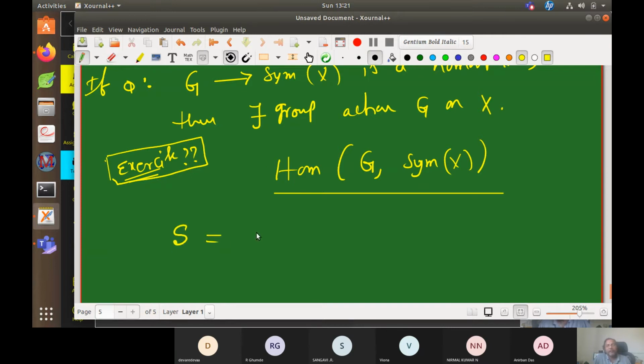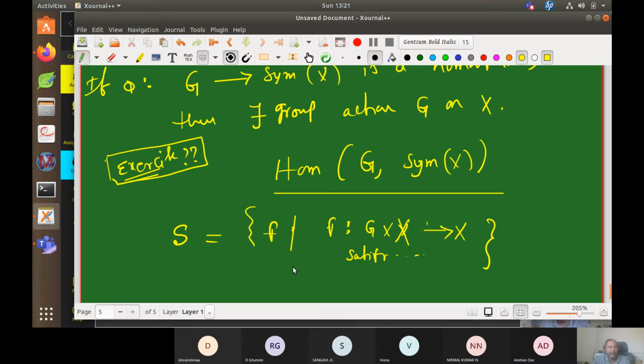So then I am collecting all F such that F is a map from G cross X to X, satisfying those two conditions. I'm not writing them, but I'm collecting all those functions.